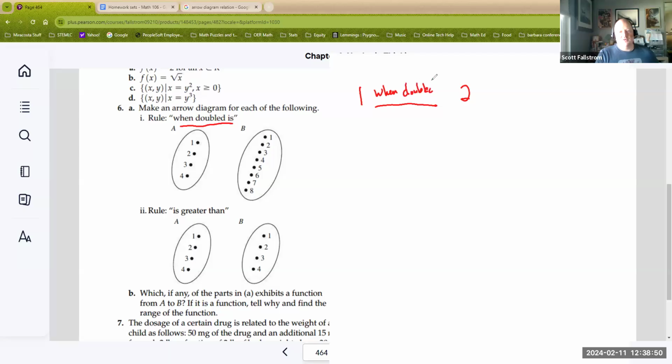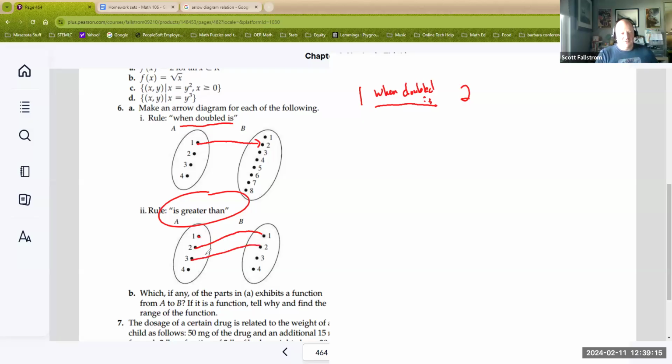So what would that represent in the picture? From 1, I'd have an arrow going to 2, because 1, when I double it, is 2. All right, so that's the rule. Down here we have is greater than, fine. 1 is greater than, well, it's greater than none of those. 2 is greater than 1.